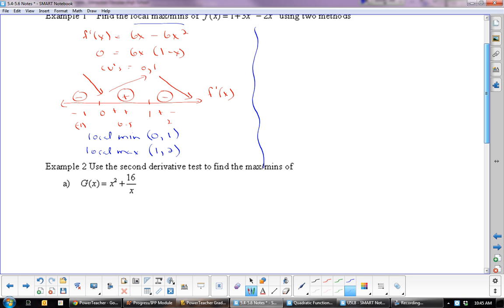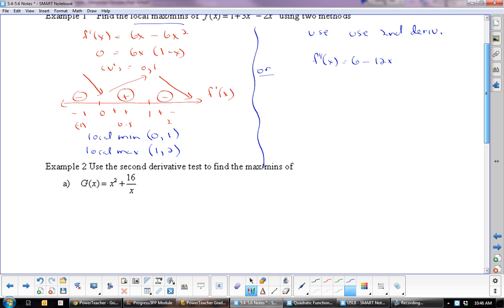Now, or you can use the second derivative. And first of all, you have to find the second derivative. So the second derivative would be 6 minus 12x.